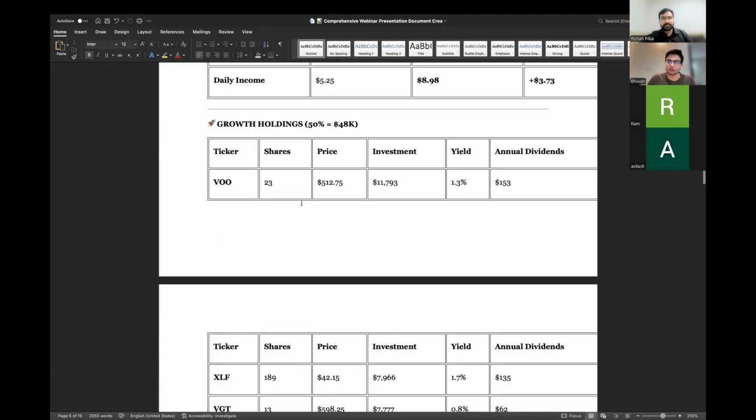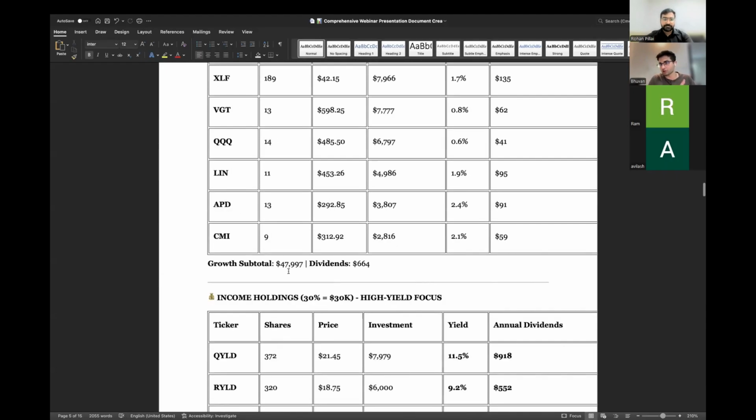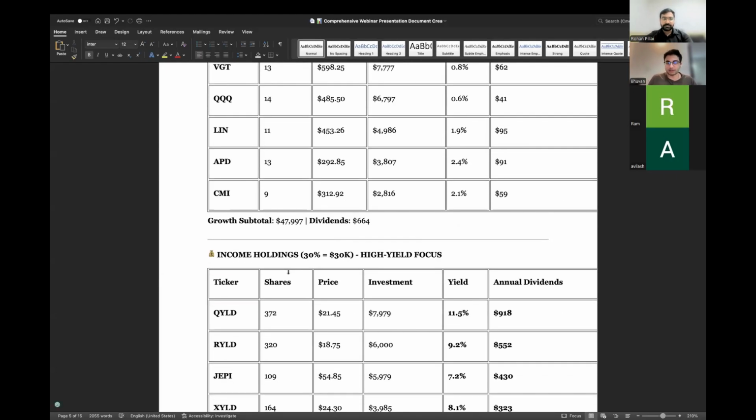So you can always cut back your growth holdings, and that should be the ideal thing to do. Whenever you reach your retirement age, reduce your risk from the highly risky investments and shift towards income generation assets that really help you float your boat through retirement. So that's usually how things are designed.